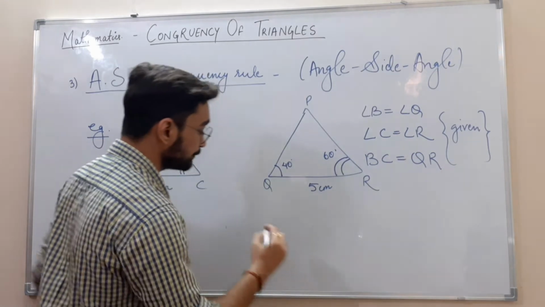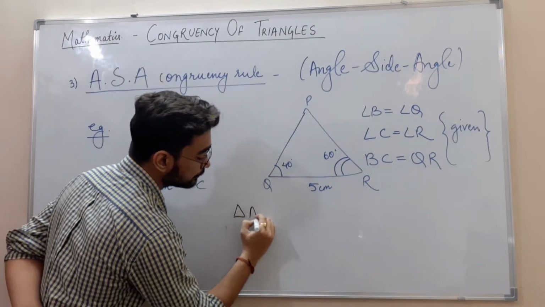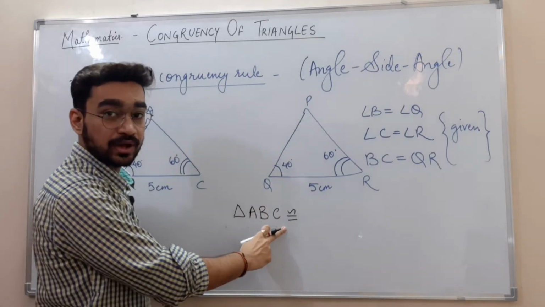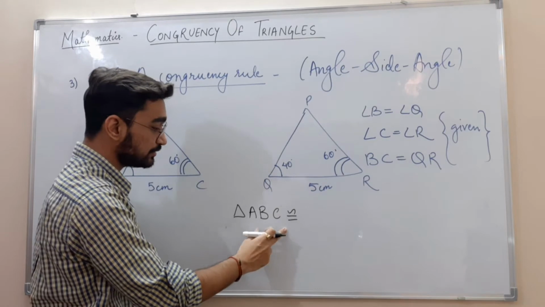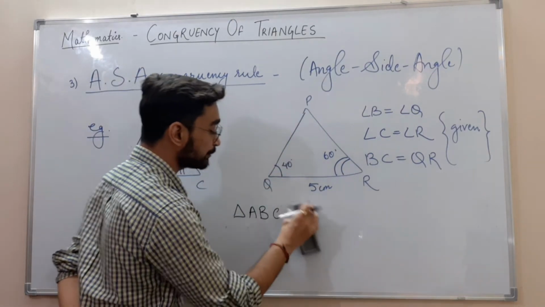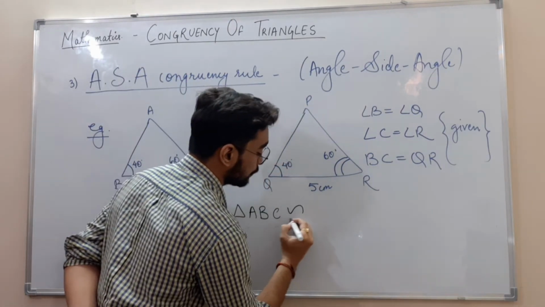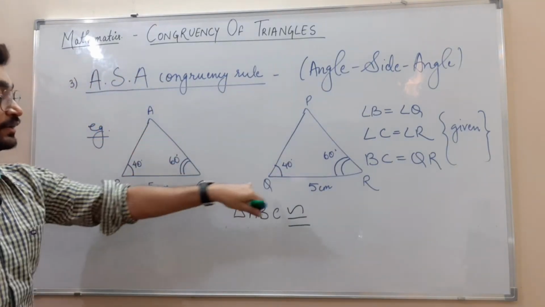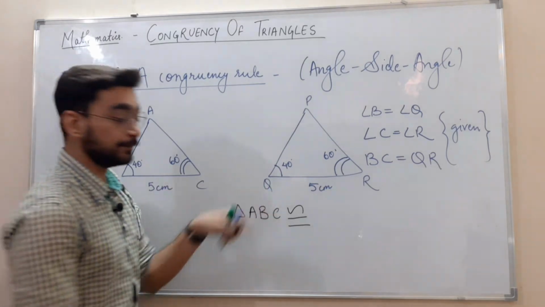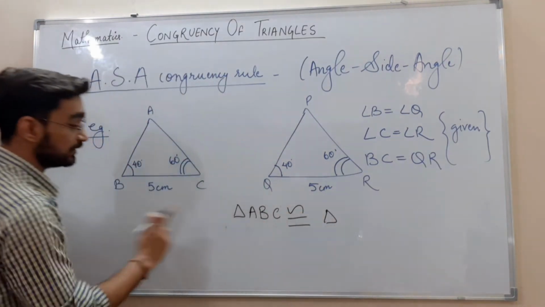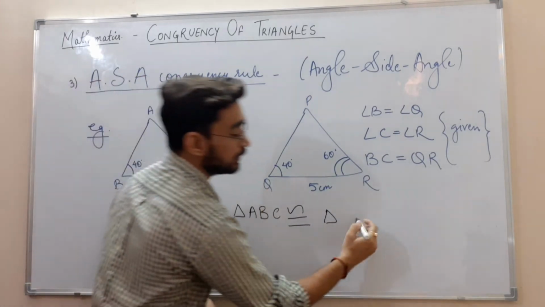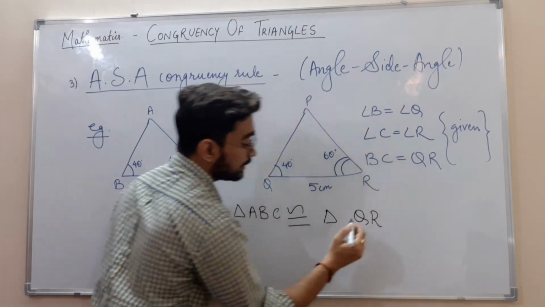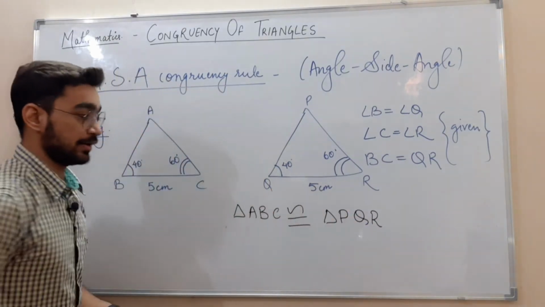Means now we got the three things which are equal in both of the triangles. We can say that triangle ABC is congruent to, I hope everyone knows this symbol, is congruent, let me make it a little bit bigger, congruent to... Let us see, angle B is equal to angle, I am writing the middle term first, angle B is equal to angle Q, angle C is equal to angle R, then automatically it will be PQR.